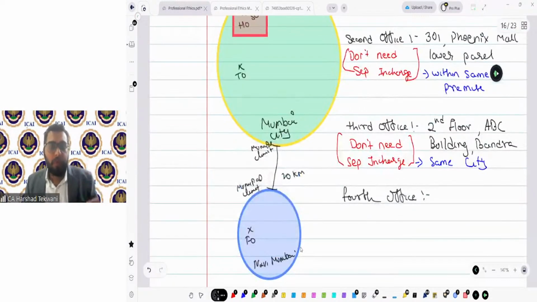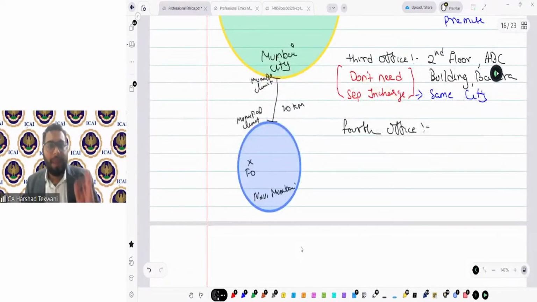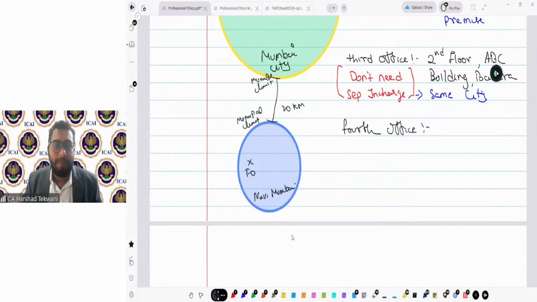Now, for this fourth office, what I need to check is how much the distance is from the municipal limits. So the municipal limit is 20 kilometers. From the end of Mumbai city to the start of Navi Mumbai, there's a difference of 20 kilometers. Hypothetical example. Now from there, let's say this office is within a further 15 kilometers inside the city.